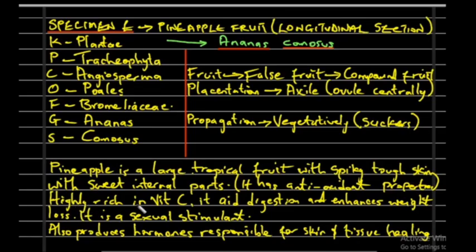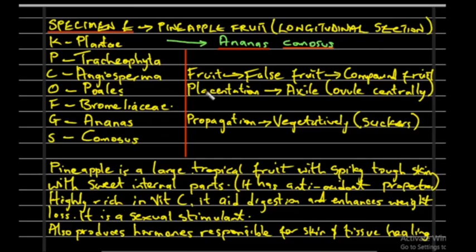It is highly rich in vitamin C, and it also aids digestion and enhances weight loss. It is a sexual stimulant. It also produces hormones that are responsible for skin and tissue healing. So whenever you make use of this particular fruit, you are helping yourself to heal either skin or tissue issues.